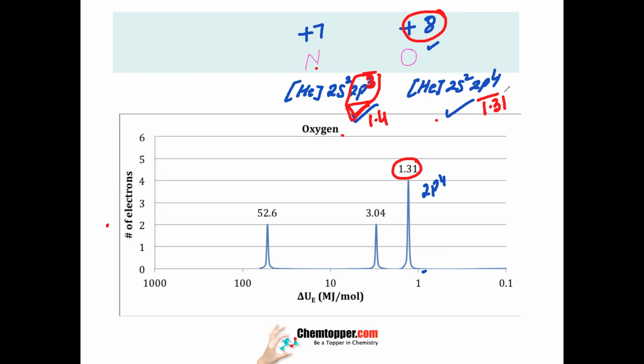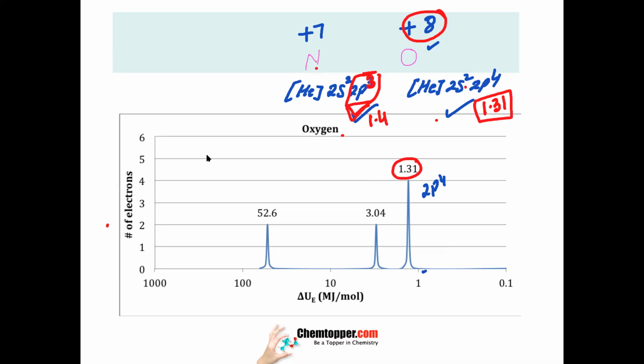Still, it's easier to remove an electron from oxygen than from nitrogen. What is the reason? That's the question they ask. The reason is that nitrogen has an extra stable, exactly half-filled p subshell. So it needs more energy to remove an electron from p3 than p4. I hope the answer is clear.